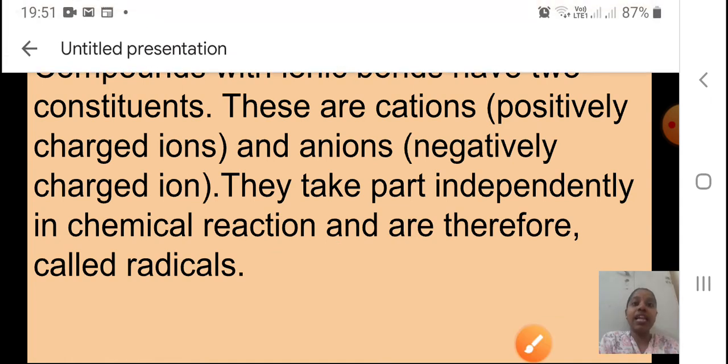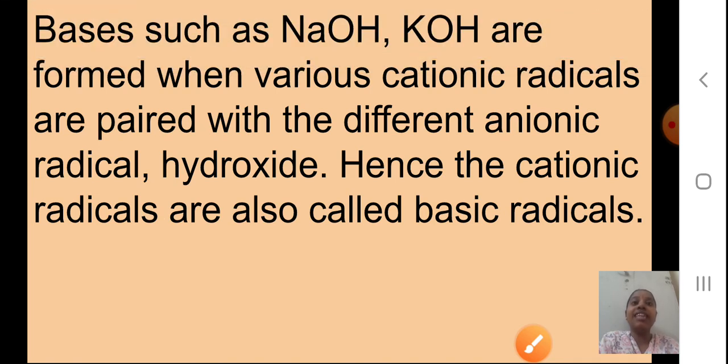Now next we are going to see the bases. Bases such as NaOH, KOH are formed when various cationic radicals are paired with a common anionic radical, that is hydroxide.